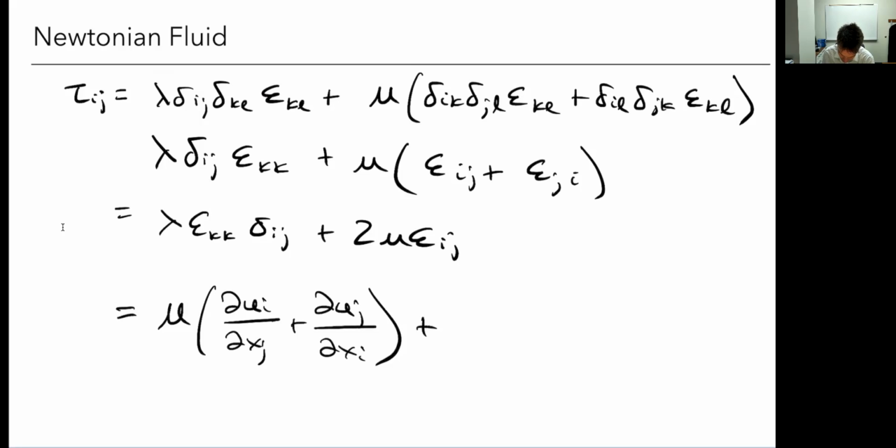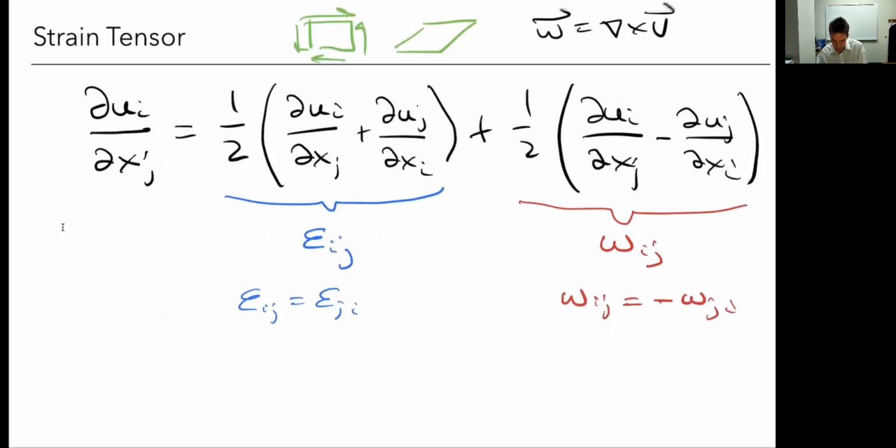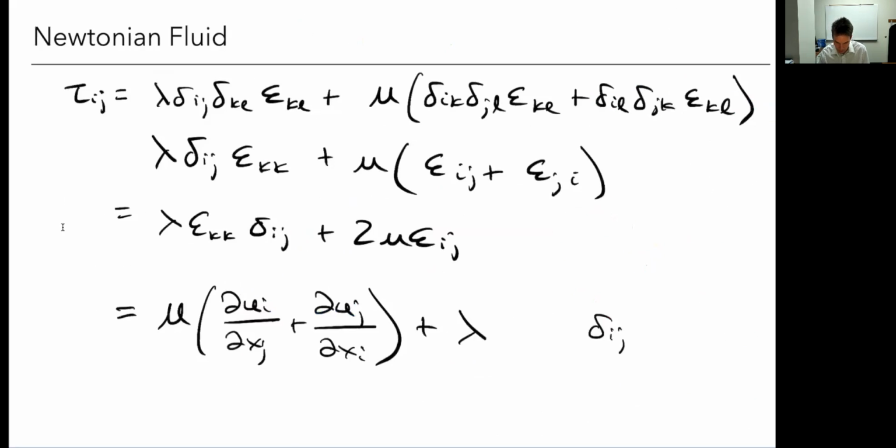And then the second term, I've got lambda, and I've got this delta ij. But what is epsilon kk? So that's a repeated index, so I'm going to sum. So that means I've got to have a, let me just write it out here. Well, I'll just write it like this, right? It was a 1/2. I'm going to write in different colors.